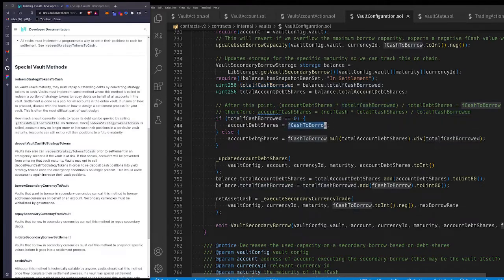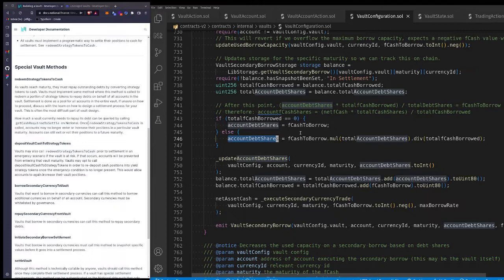What an account actually has is a share of the total debt borrowed in the secondary currency. The reason for this is that when an account reaches settlement, it also needs to do a pooled settlement of its secondary debts in whole before it can settle.